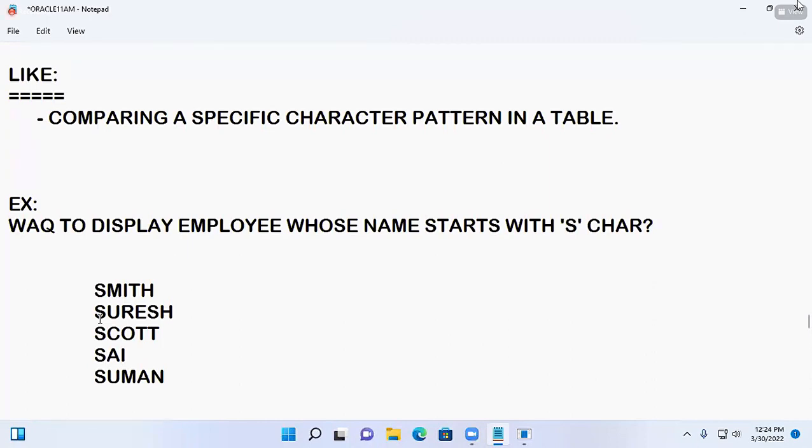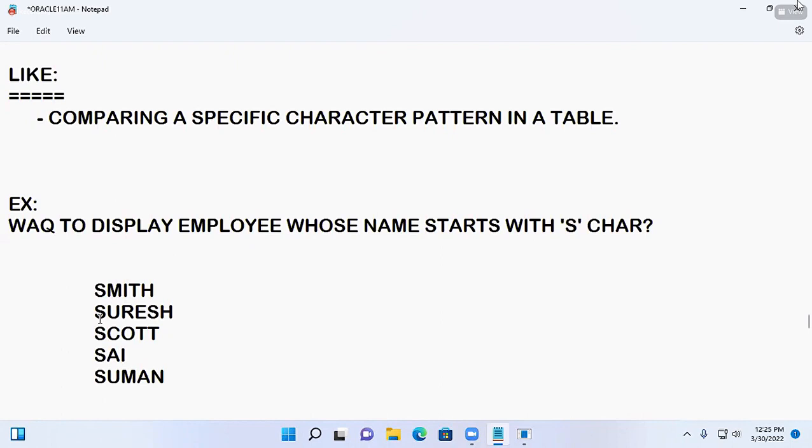Suppose in this situation I go manually, how much time will it take? It's a time consumer. It takes a lot of time, because manually I have to check each and every row out of 1 lakh, see whose name starts with S, and remember the names.